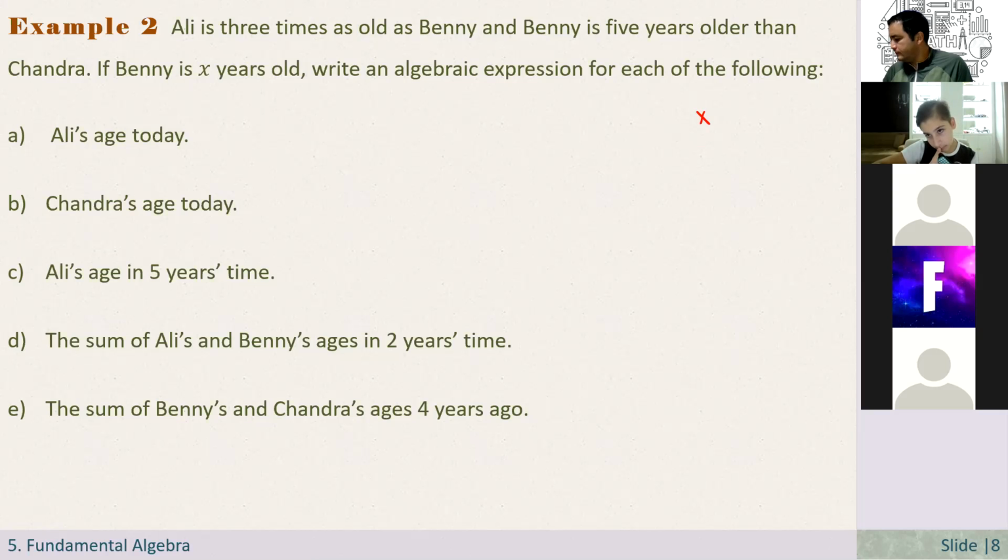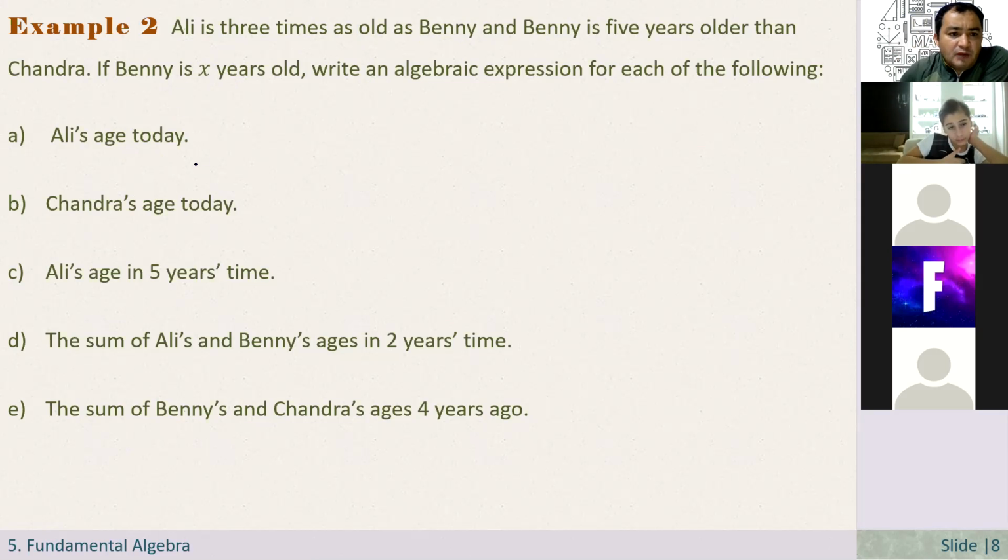Benny is X, and Benny is 5 years older than Chandra. So Chandra's age is X plus 5.